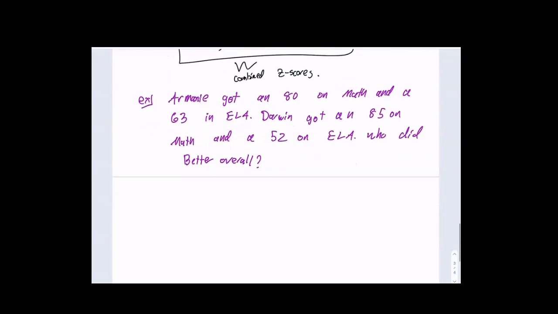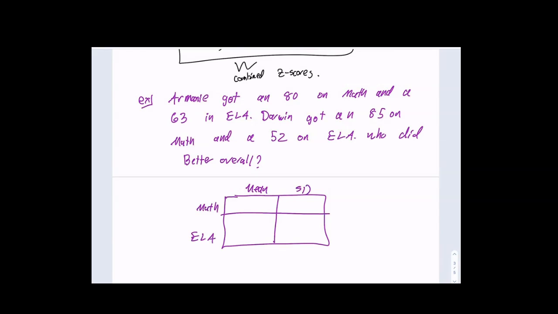We need to look at the z-scores. All right. Now, in this example, positive is good in both cases, right? We're talking about quizzes and quizzes. So positive is good on both of them. So we're talking about the mean and the standard deviation for math and ELA.